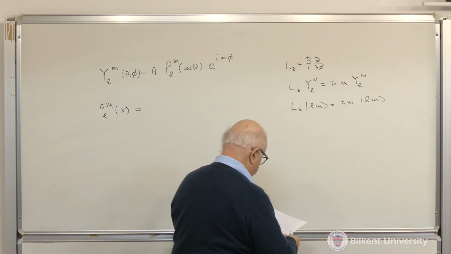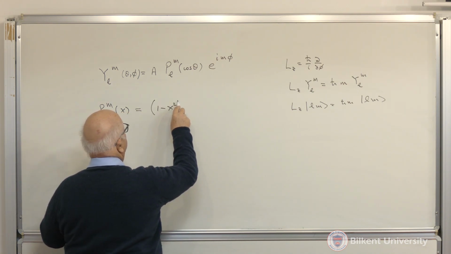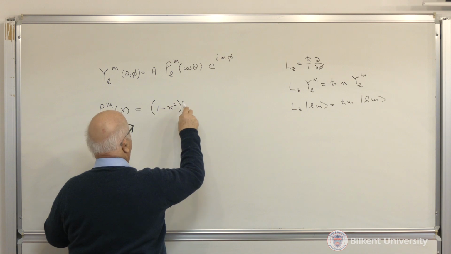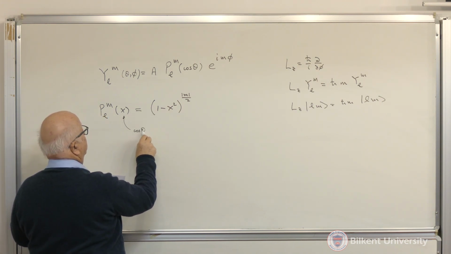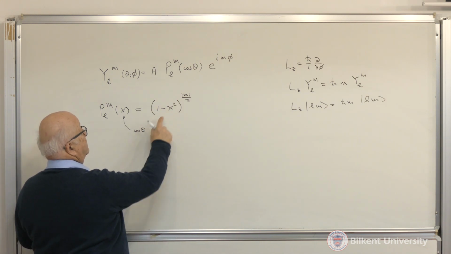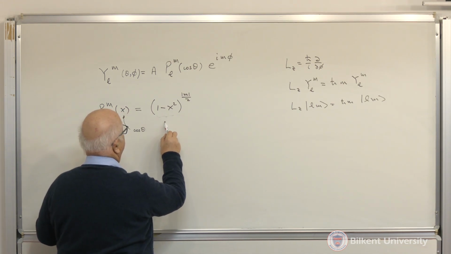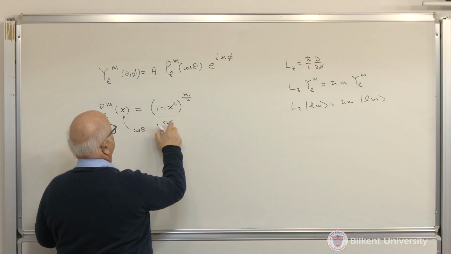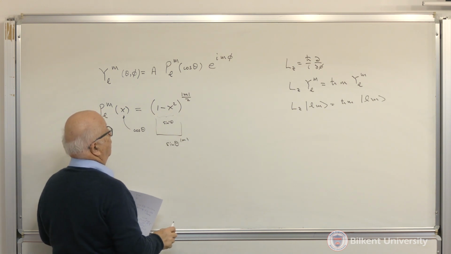This is going to be equal to (1 minus x squared) to the power absolute value of m over 2. Since I am going to put x equal to cosine theta, 1 minus cosine squared is sine squared theta, so the square root means this whole thing is sine theta to the power absolute value of m.